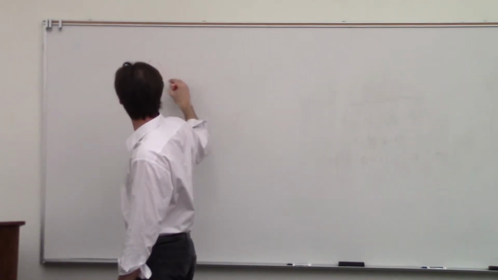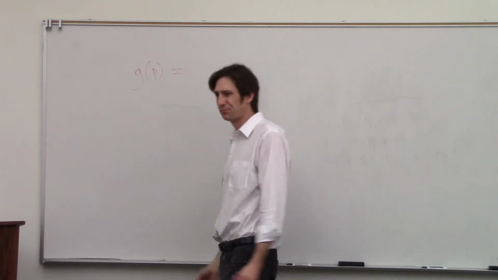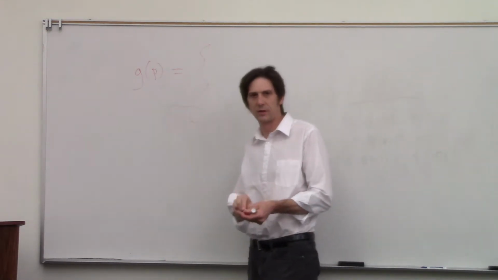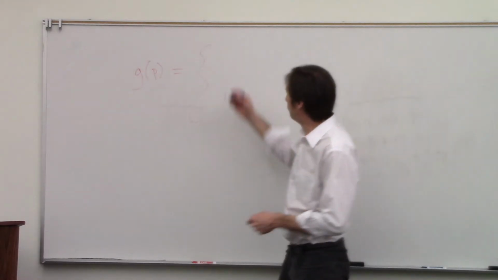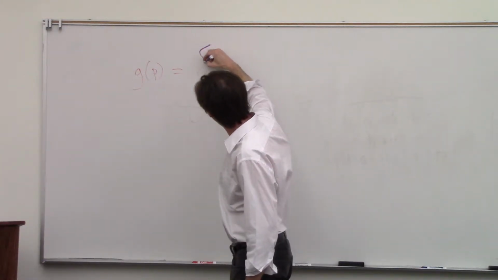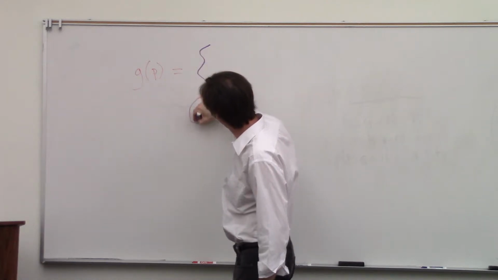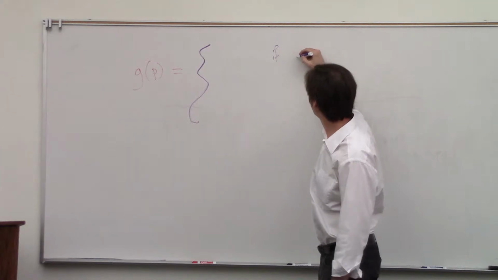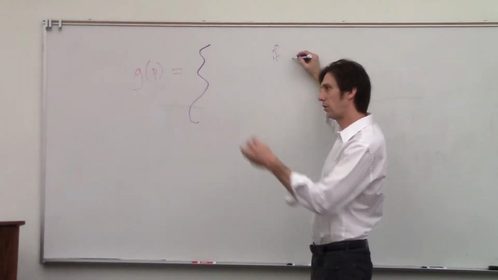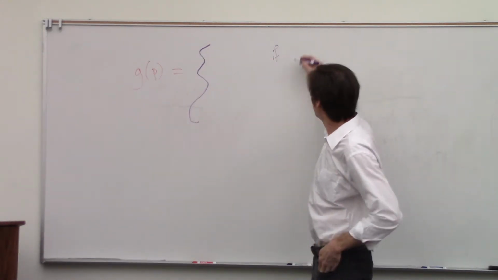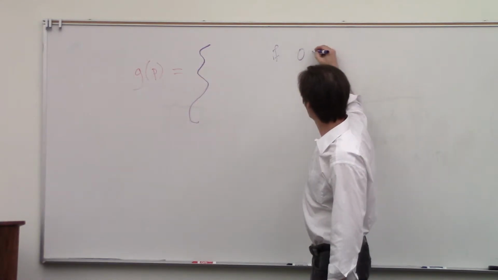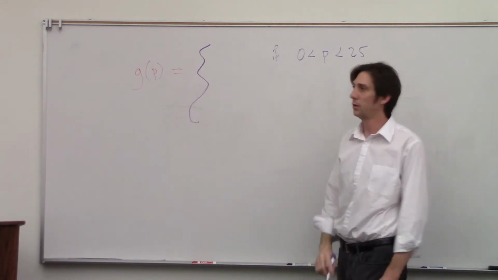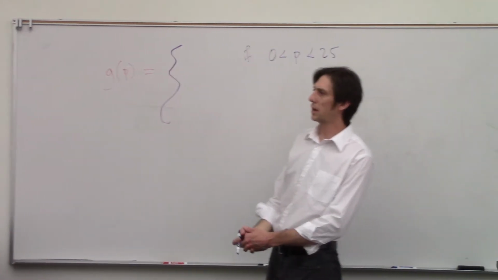Here's what it'll be. G of P will equal one of three different things, depending on, again, what the order total is. And so if the order total, the amount that I have to pay, P, is greater than 0, but strictly less than $25, how much do I get charged for shipping?